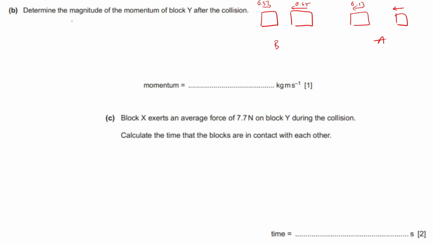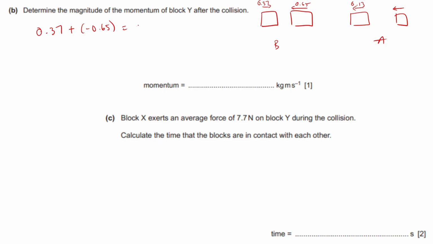So in this case, we're going to use the conservation of momentum, for both inelastic and elastic collisions, for these types of problems. The momentum is going to be the same before and after. So you can actually make an equation, equating both the before and after momentum.